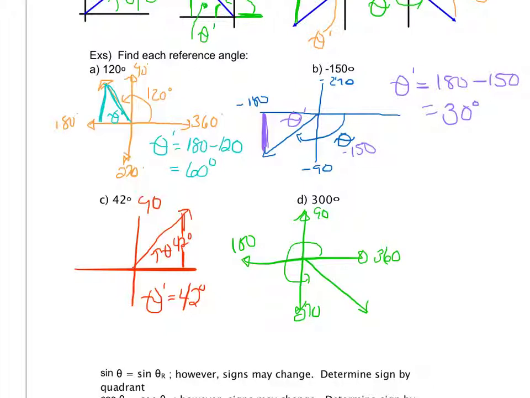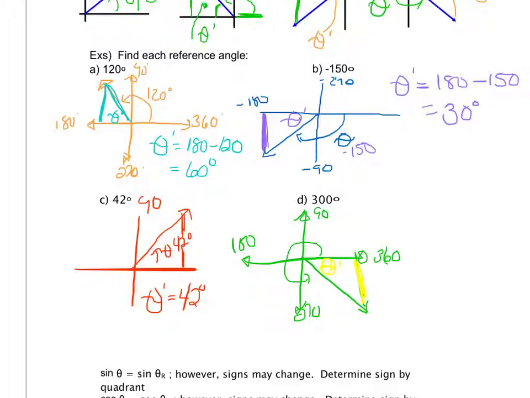Again, I cannot make an acute angle with my x-axis. So I'm going to make an acute angle, right triangle, right here. And I should switch colors for that. Right here. So this is going to be my reference angle that I'm going to be looking at.